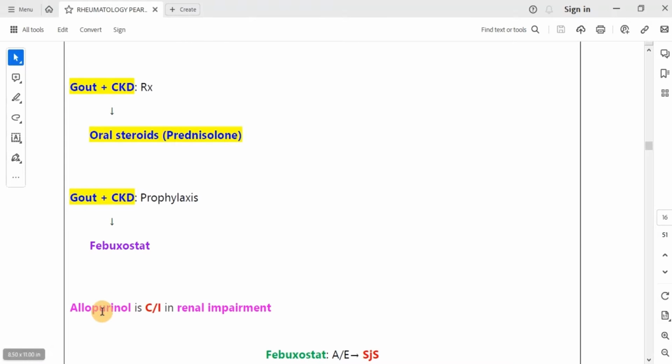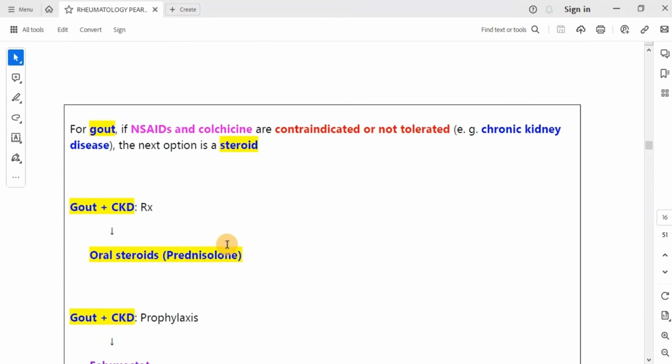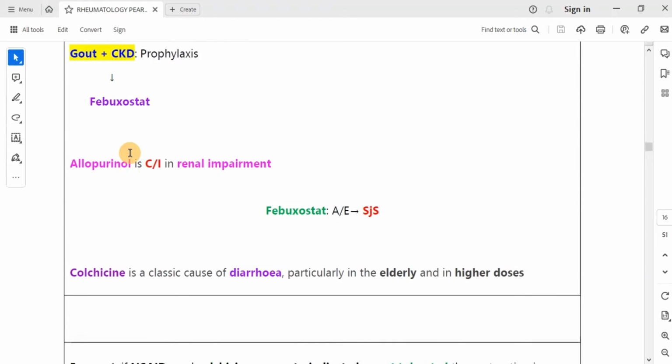In that case, we should go for febuxostat. And any degree of cardiovascular disease is a contraindication to febuxostat. So renal impairment, avoid allopurinol. Cardiac abnormalities, avoid febuxostat. And NSAIDs and colchicine are also contraindicated in case of renal impairment.